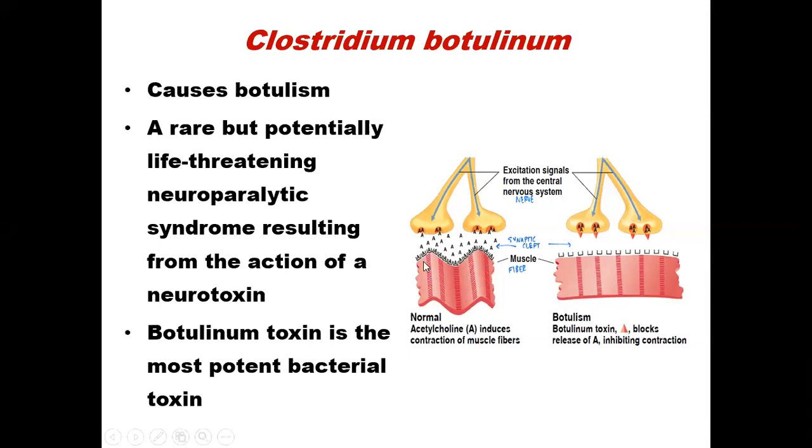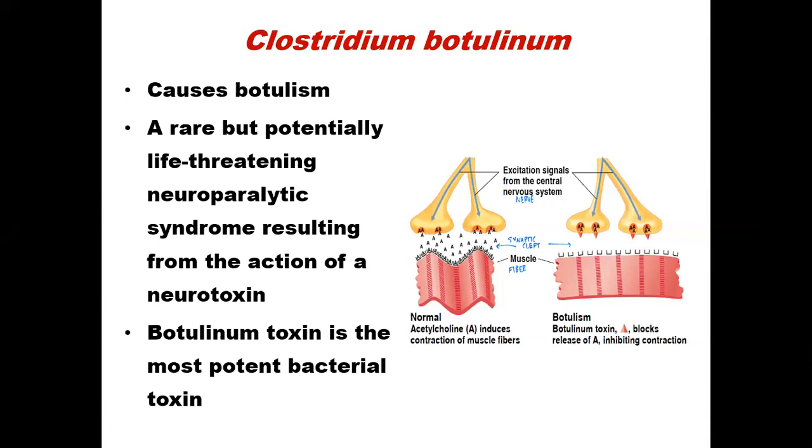Now, the normal action at the neuromuscular junction is that when excitatory signals from the central nervous system get to the muscles, acetylcholine is required to effect the contraction of muscle fibers.